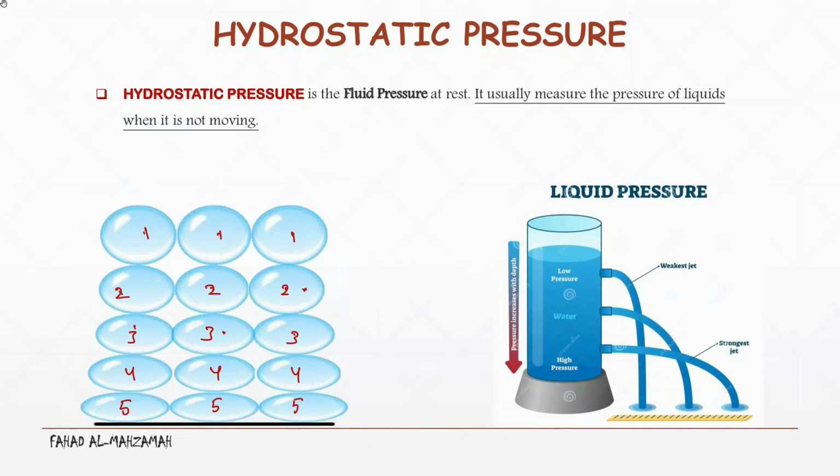You can see that number one pressed, or exerted pressure, on molecule number two. Now what happened to molecule number two? As you can see, there is a difference in shape, right? This is because the molecule takes the force and then deforms its shape, it expands.